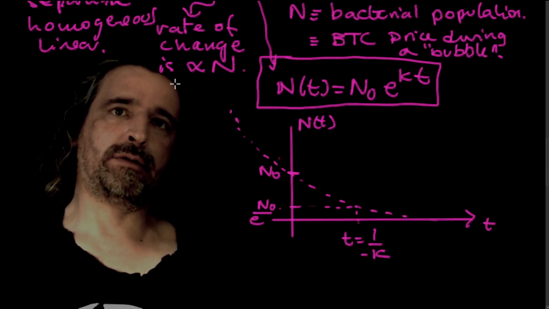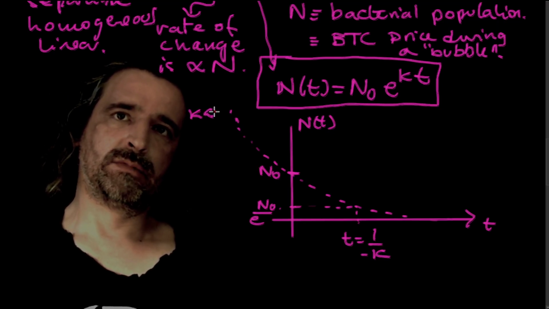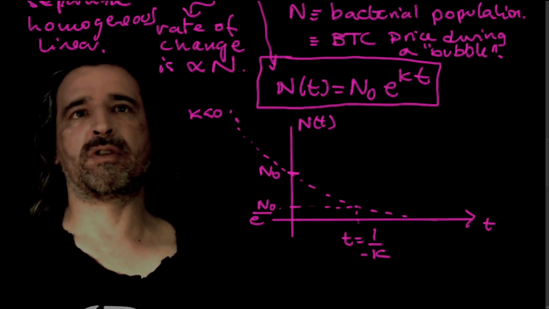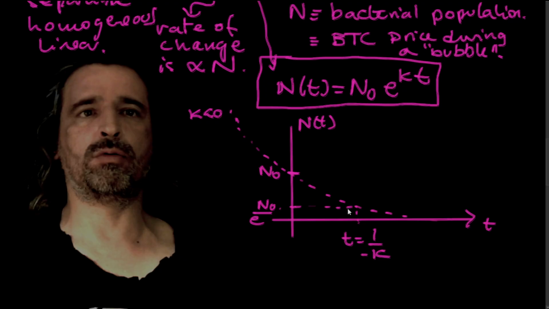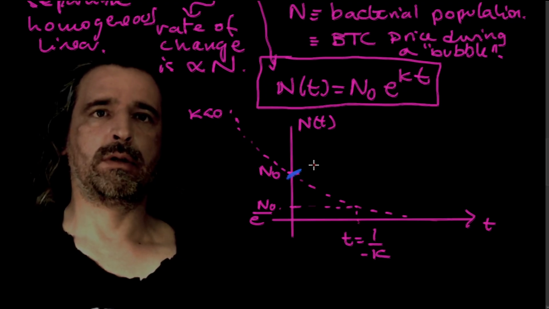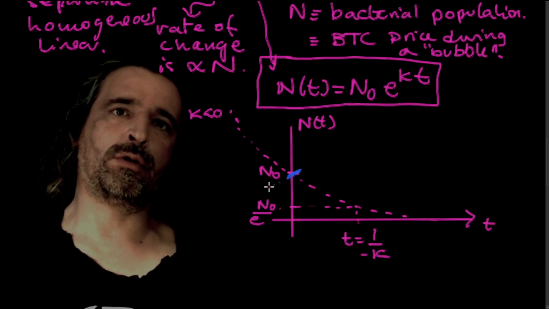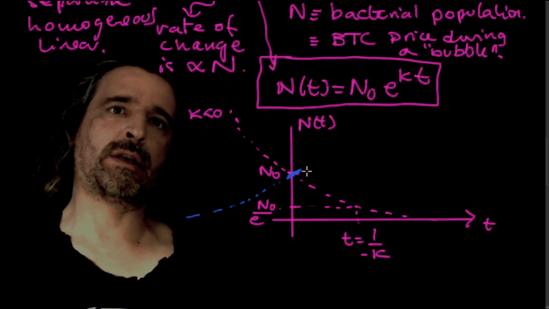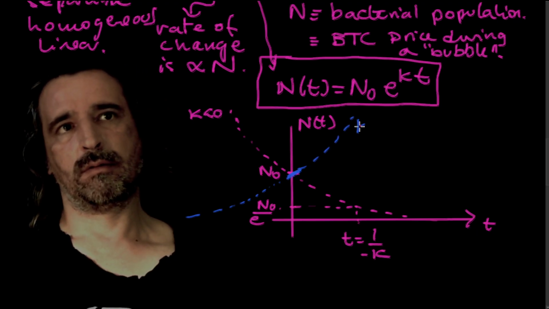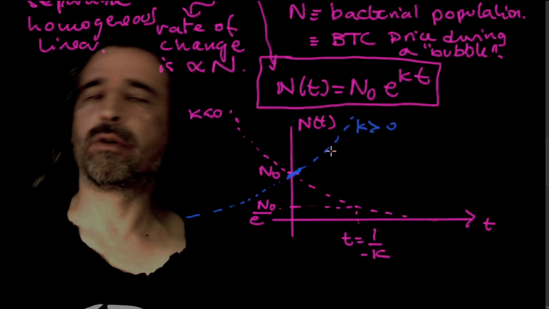That's for k negative. For k positive it's going to be the opposite. Let's put a different color. Let's see if the blue works. Yes, it works. So for k positive it's going to be something like this. So in one case you have growth and in the other decay.